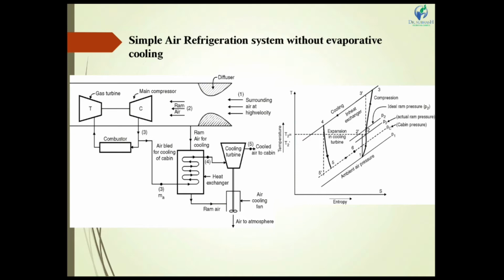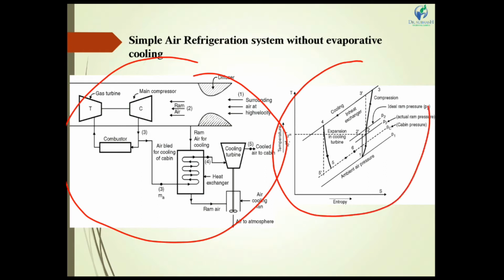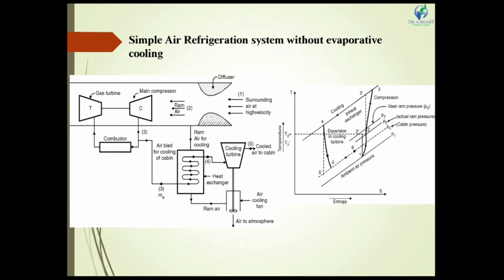But if we do not apply an extra process like subcooling, that is called without evaporative cooling. Here is the figure of the air refrigeration system without evaporative cooling, and the TS diagram for without evaporative cooling. T means temperature and S means entropy.